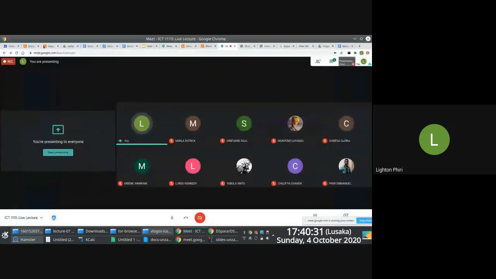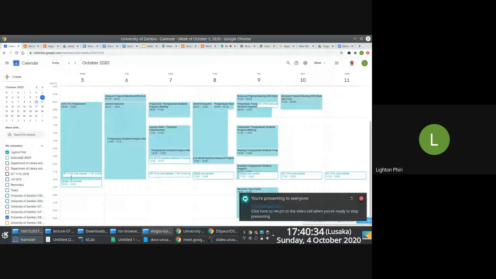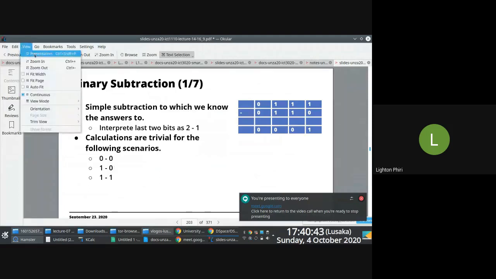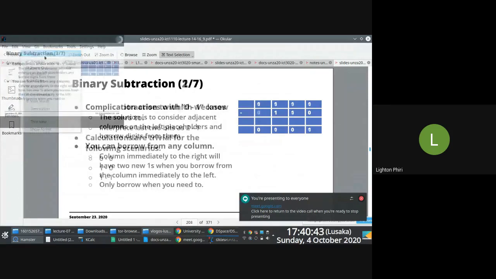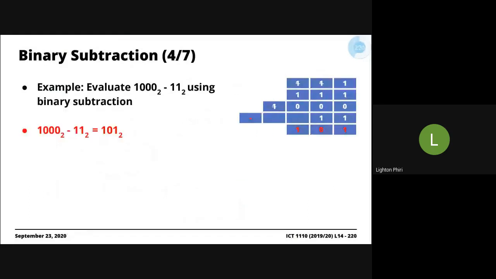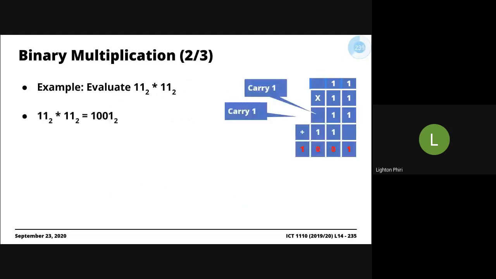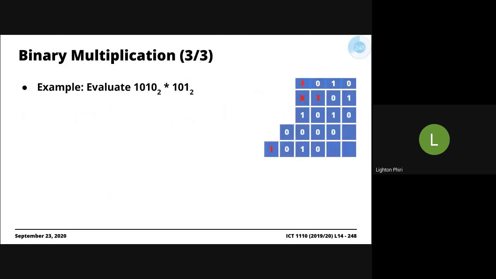Yeah, we're meeting at 17 hours. So we continue with binary subtraction. There are fewer rules now, right? And hopefully tomorrow, once we go through subtraction, I think we should have time. We'll go straight into multiplication, and if we still have time, we will do division. And it should be wonderful, really.